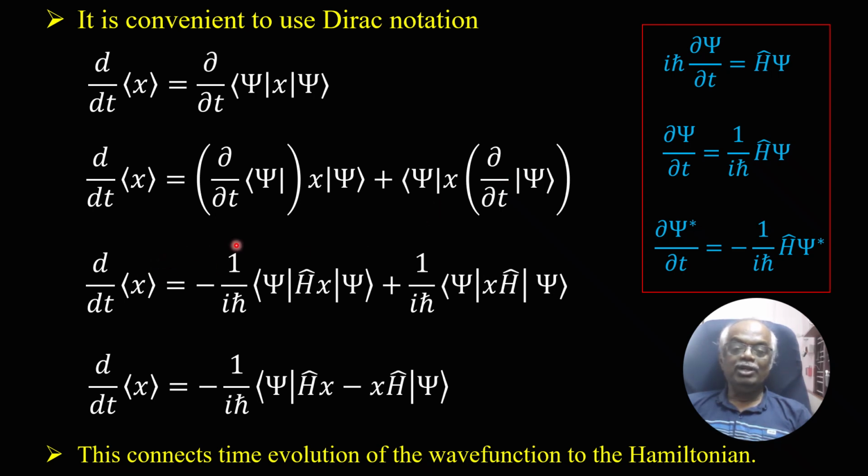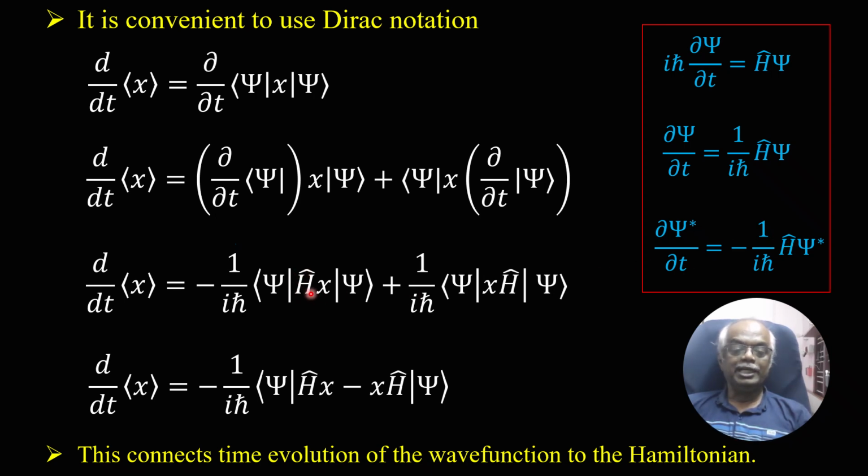Now what will happen? You replace this value here. The first one, the bra vector, is psi star. So this will become minus 1 over i h cross bra psi, so this psi star is bra psi. And here you have, actually, in fact, it is H psi.